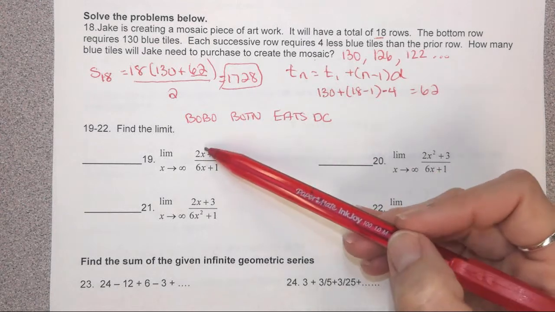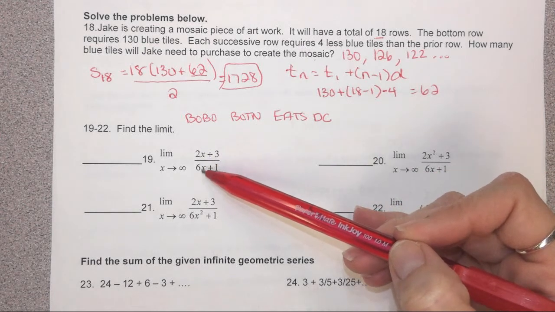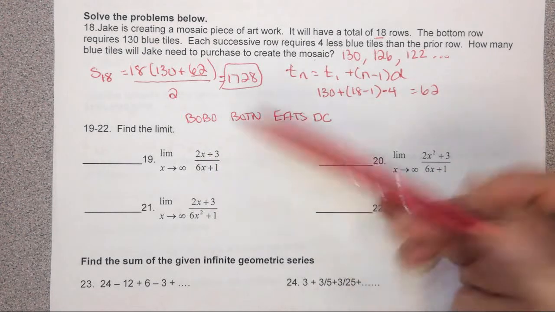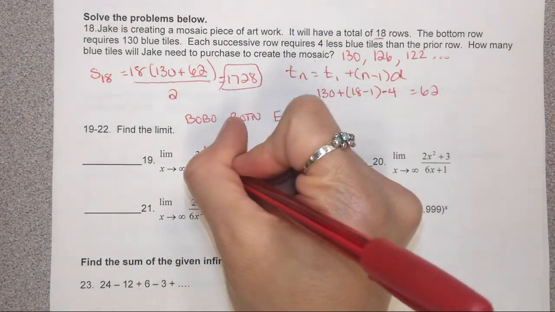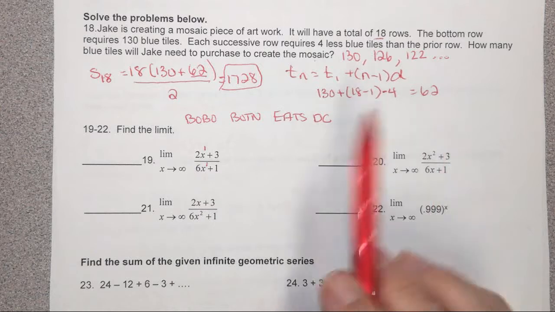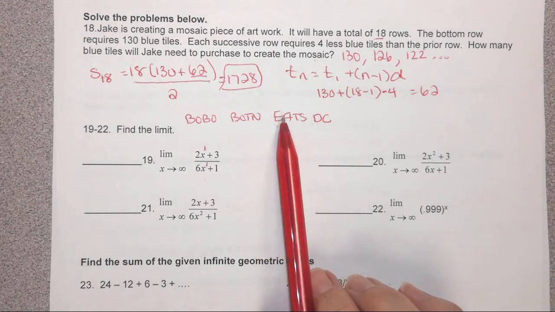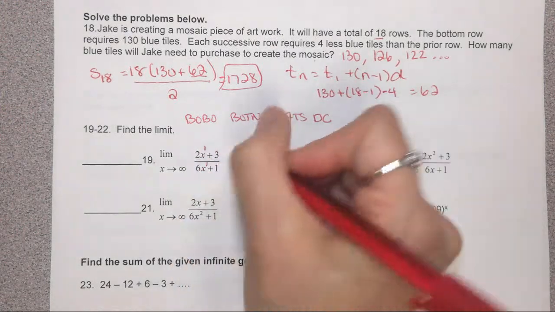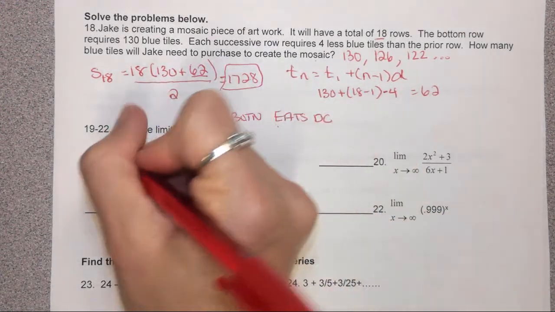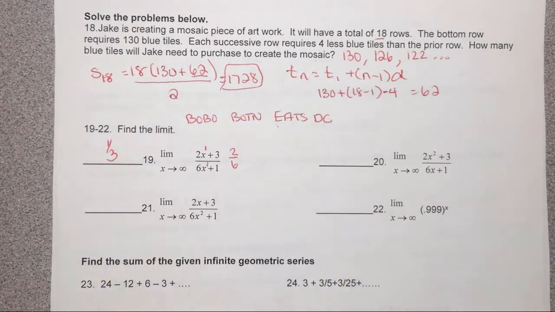Are the exponents bigger on top, bigger on bottom, or are they exactly the same? So the biggest one on top is x to the first. The biggest one on bottom is x to the first. If the exponents are exactly the same, you divide the coefficients. So 2 divided by 6 equals 1/3.